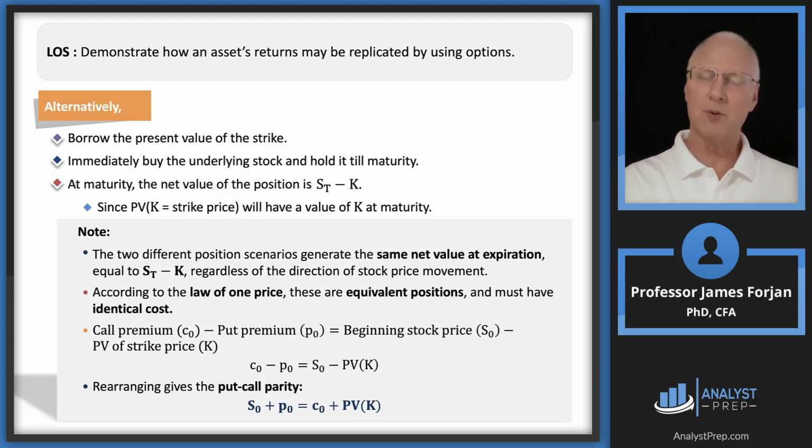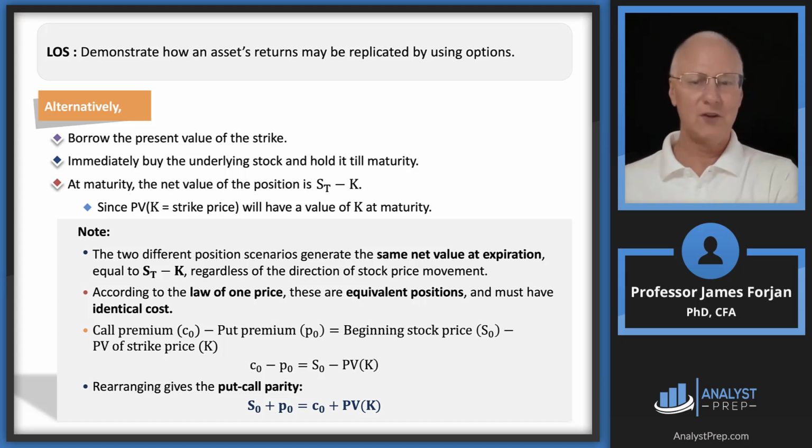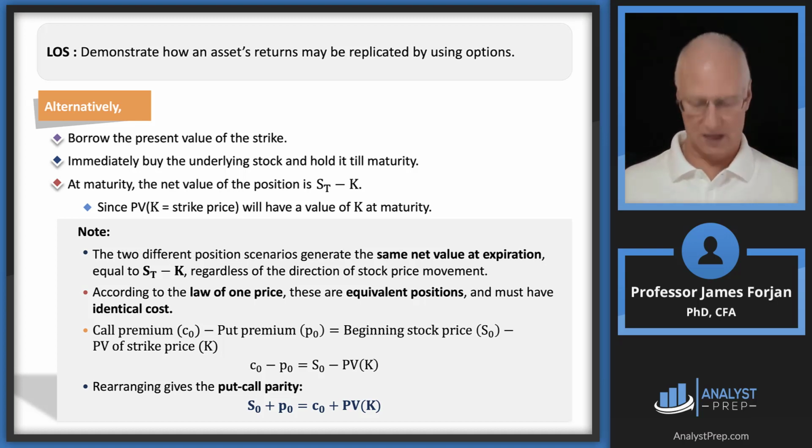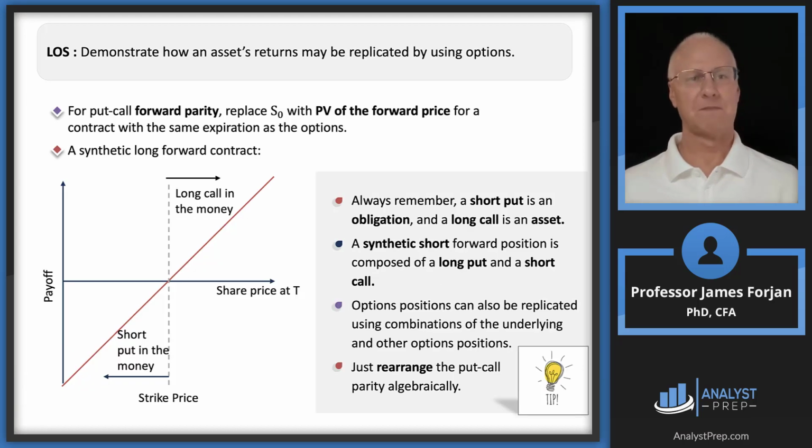So if I don't like the price on the floor of the New York Stock Exchange, that's the stock price at time 0, and I only plan on holding that stock for, let's say, 6 months, well, then what can I do? I can go to the credit markets and borrow the present value of that exercise price, and I can go to the option markets and buy the call and write the put. That's this idea of replication.